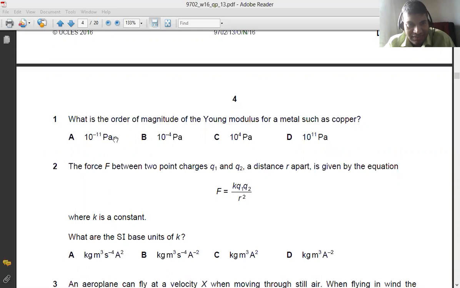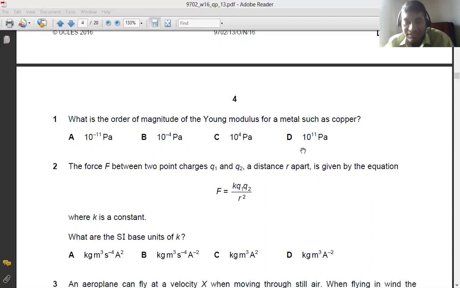Obviously we can get rid of answer A because it has no connection with the understanding we have, being 10 to the power minus 11 pascals. That is very, very low. This one we can also get rid of. And 10 to the power 4 pascals is again quite low. 10 to the power 4 is 10,000 pascals, so that is not going to work.